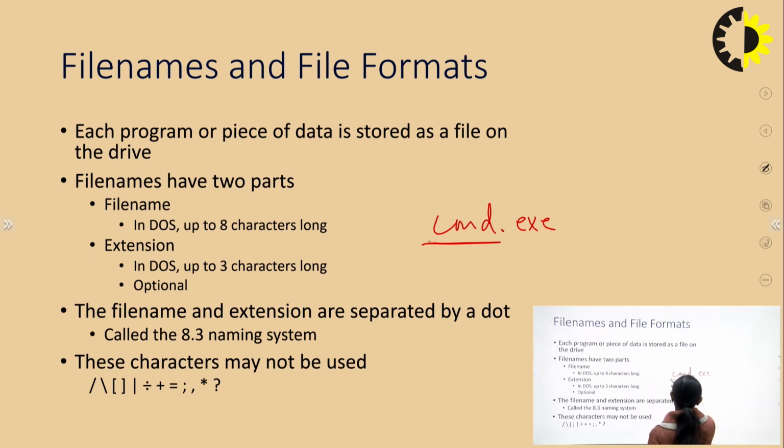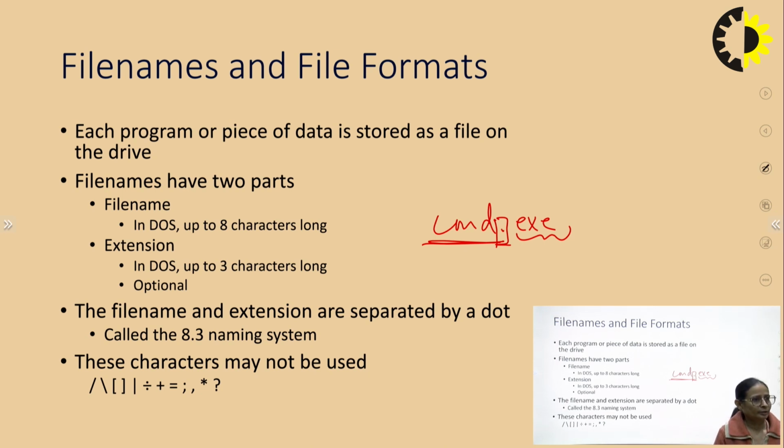This is my file name and this is my extension. In DOS, the extension can be up to 3 characters long, and it is optional, whether you want to give it or not. The file name and extension are separated by a dot.